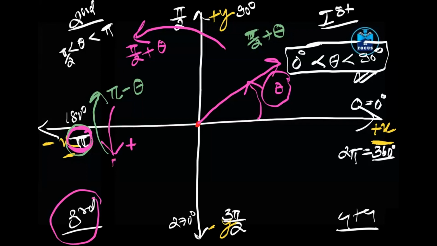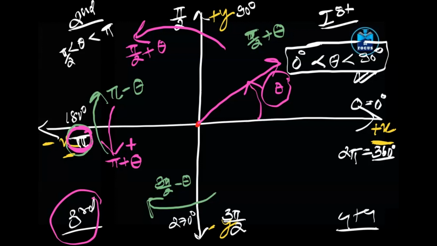So I would have to write this as pi plus theta to come to the third quadrant. And if I want to use the opposite direction, I have to use 3 pi by 2 minus theta to come to the third quadrant.